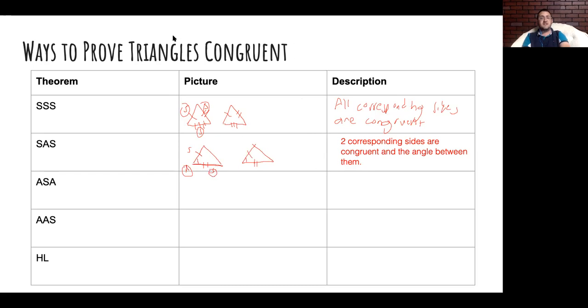All right, and then angle, side, angle is two corresponding angles are congruent and the side between them.